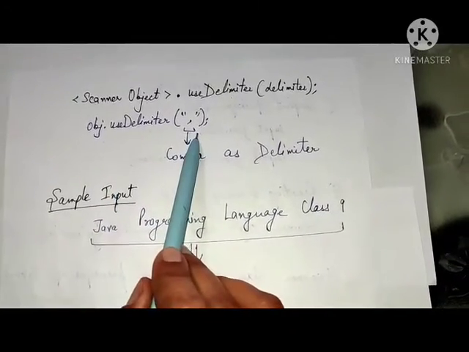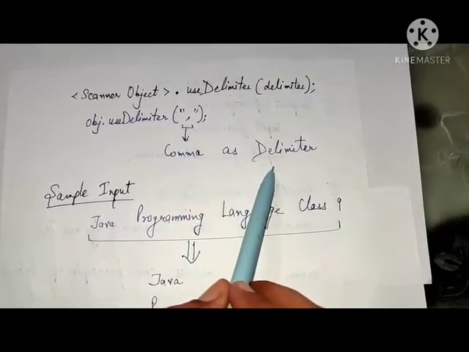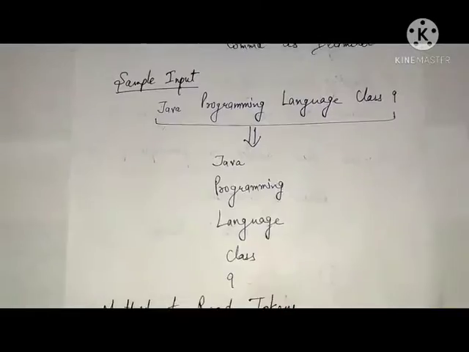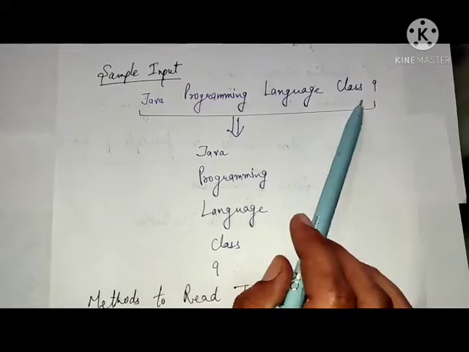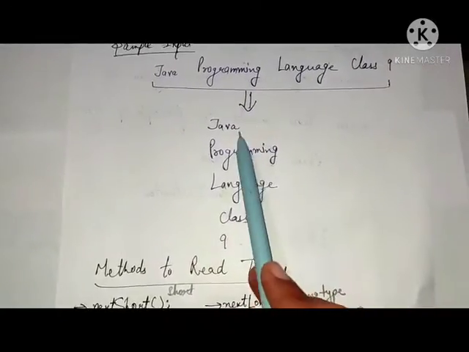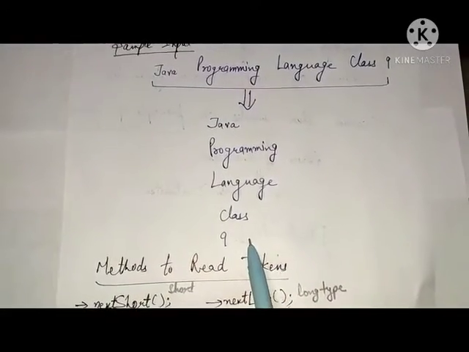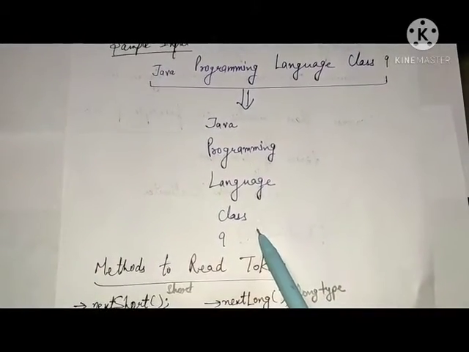So after this line, the scanner class uses comma as a delimiter while taking a token from the keyboard. For example, if we give the input Java programming language class 9 from the keyboard, it treats this string as 5 tokens: Java, programming, language, class, 9.